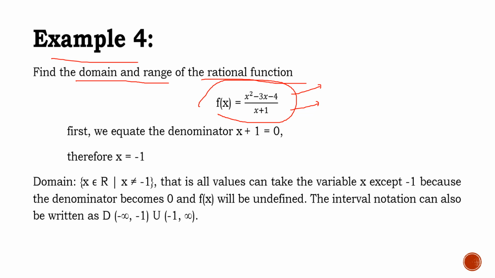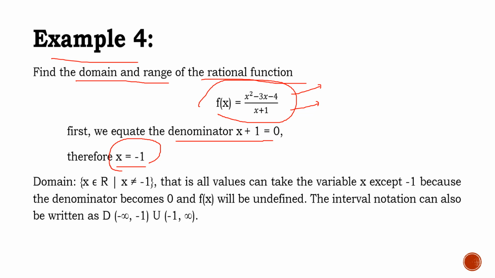So the first thing to do is to equate the denominator to 0. It provides x is equal to negative 1. That's why x equal to negative 1 will be excluded from the domain, because it gives a denominator equal to 0 and a function value which is undefined.